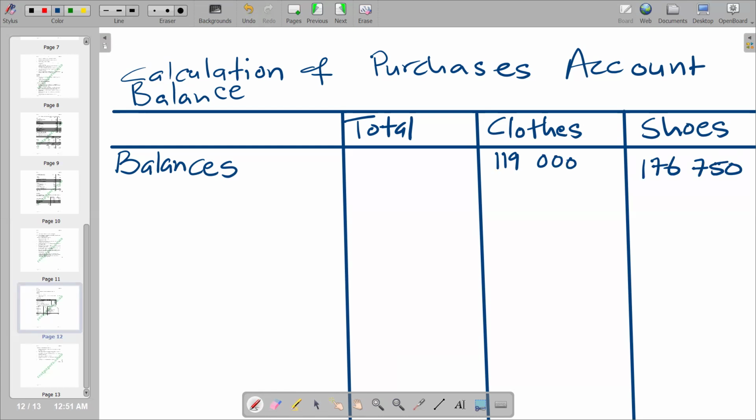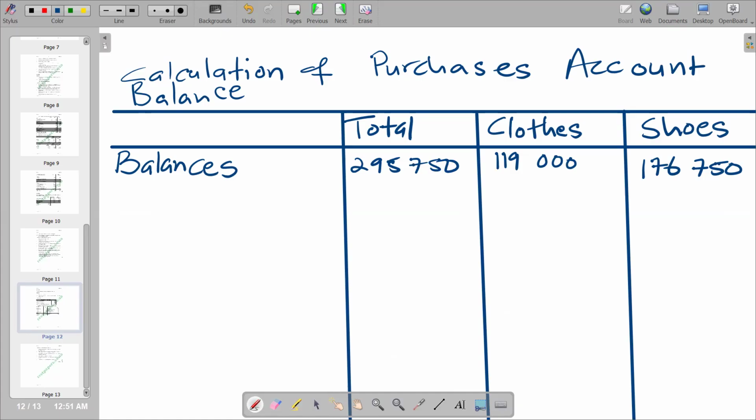So basically, this is what we have on the balances. Then we have the total column. So you need to say 190,000 plus 176,750, and we get the total of 366,750.